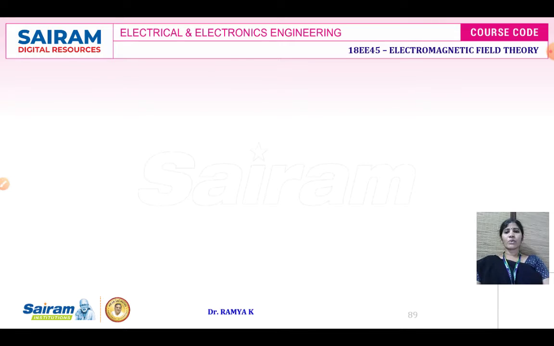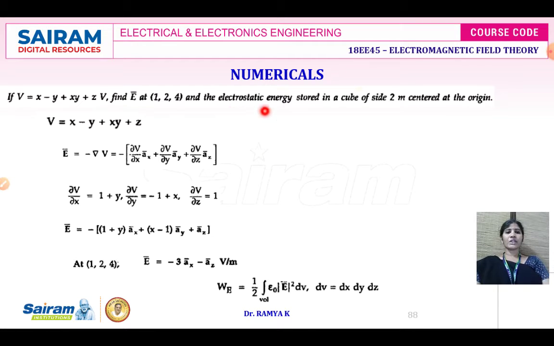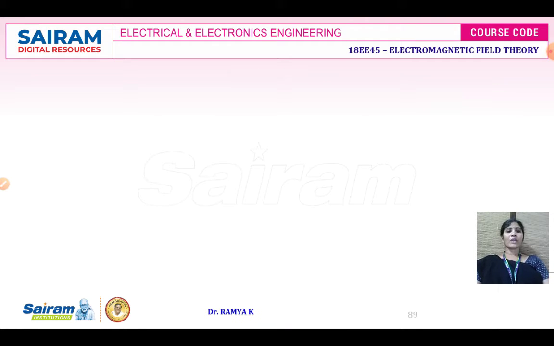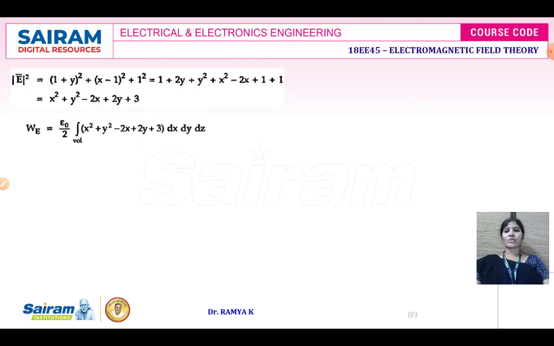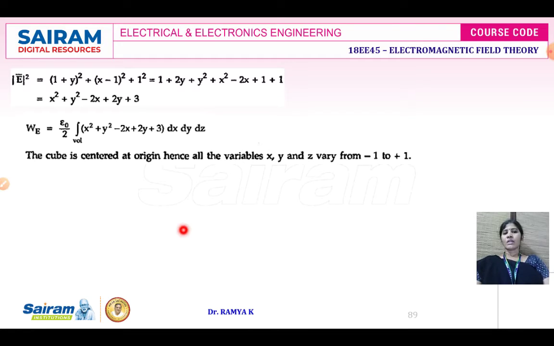The problem asks for the electrostatic energy stored in a cube of side 2 meters, so x, y, z sides are 2, 2, 2. Since the cube is centered at the origin, all the variables x, y and z will vary from minus 1 to 1.